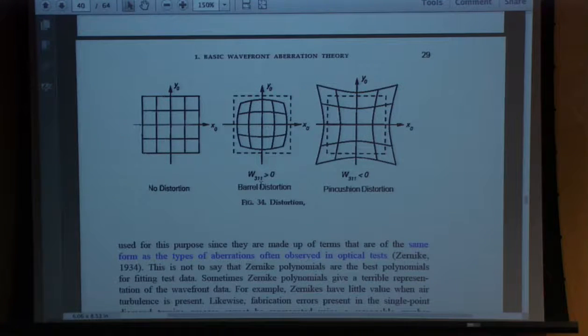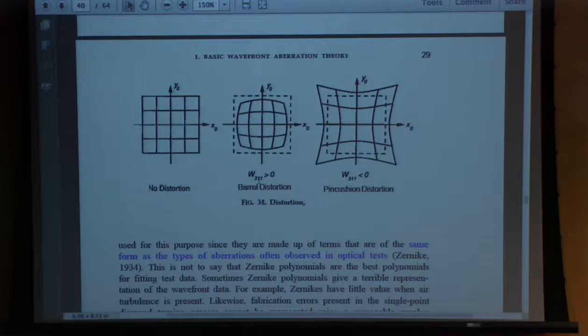And if you have a line in the object that doesn't go through the axis here, then that's going to be curved, because again, its field dependence goes as a field position cubed.